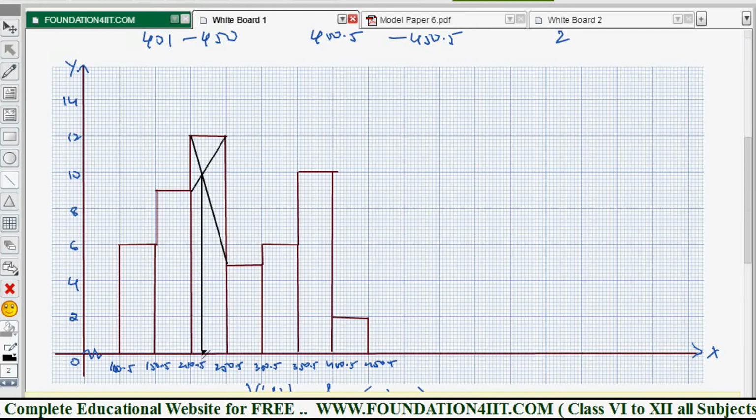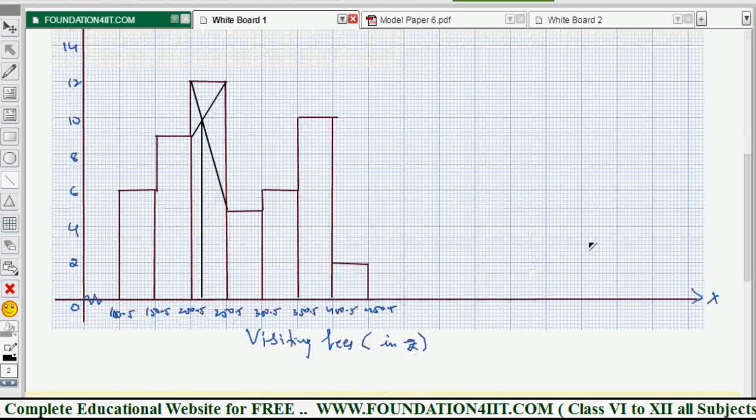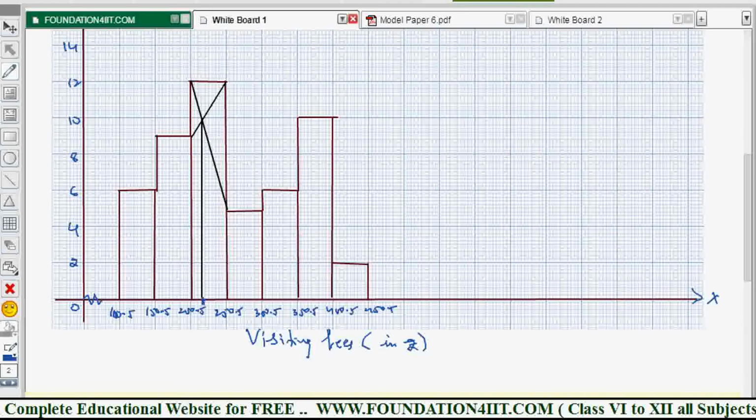It's around 210. Middle it is. Okay. So here x-axis 1 centimeter is taken as 50 units. That means 1 millimeter is around 5 units, so it's approximately 215.5 we got. This is 215.5.